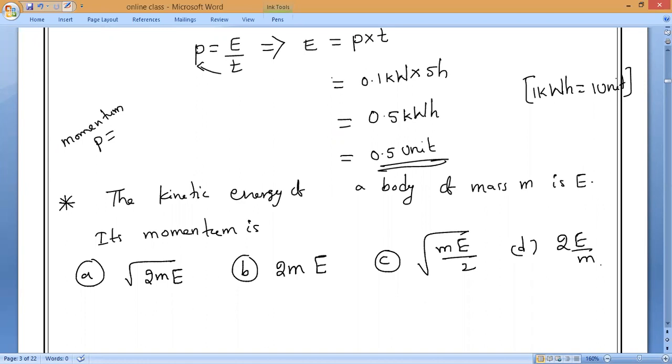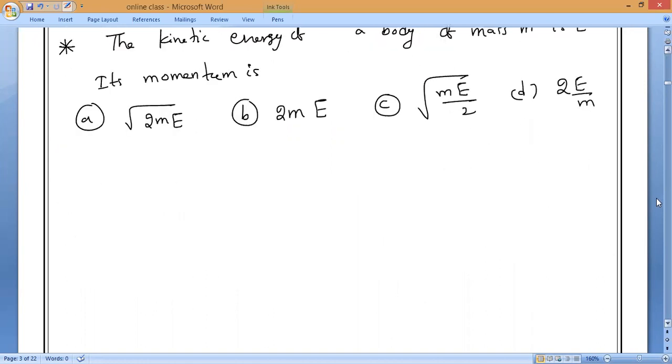Okay. So first you can write the given data. What is the mass of the body? Mass of the body is equal to m. What is the velocity? We don't know the velocity, so we will take the velocity of the body as v.